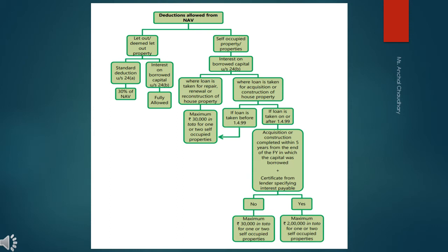If you have the certificate and also the construction has been completed in 5 years, then you can avail a maximum of rupees 2 lakh deduction. But if you don't have any one of these two, then in that case you will get a deduction of rupees 30,000 only.